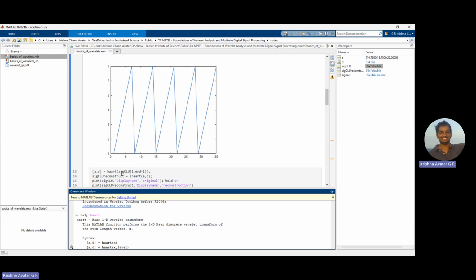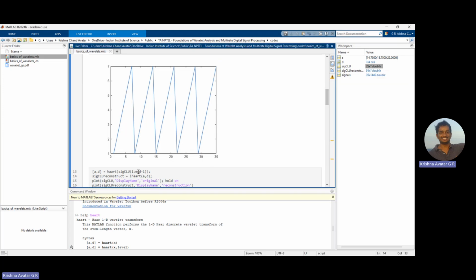That's the reason, as you would see, sigCLU has a dimension 35 cross 1, which means that sigCLU is not of even length. So I only took the minimum possible while still covering the entire length of the signal. I just excluded the last element so that we have 34 components in this vector.